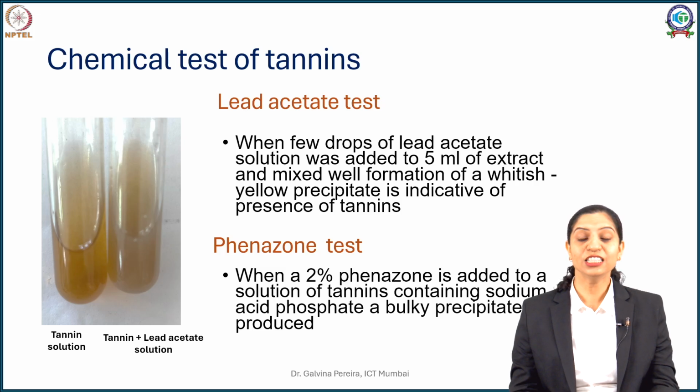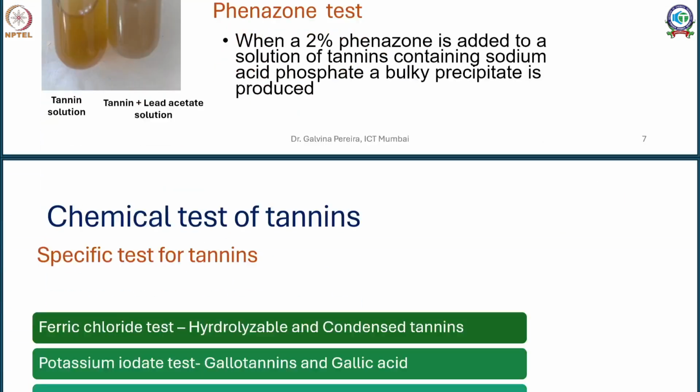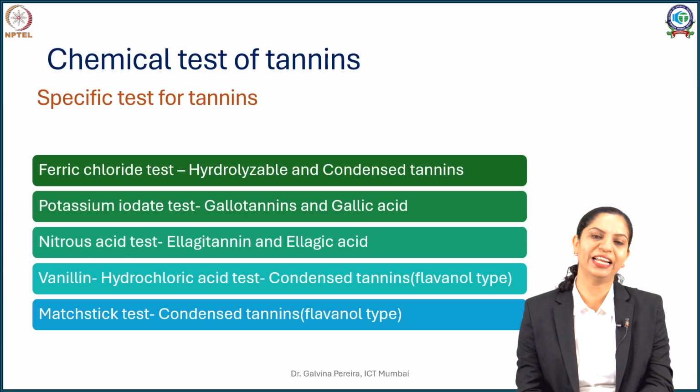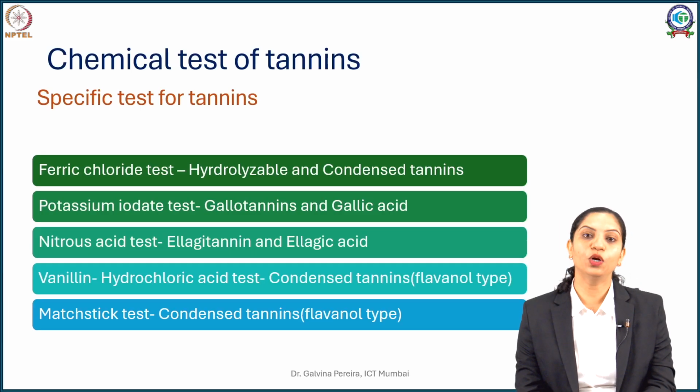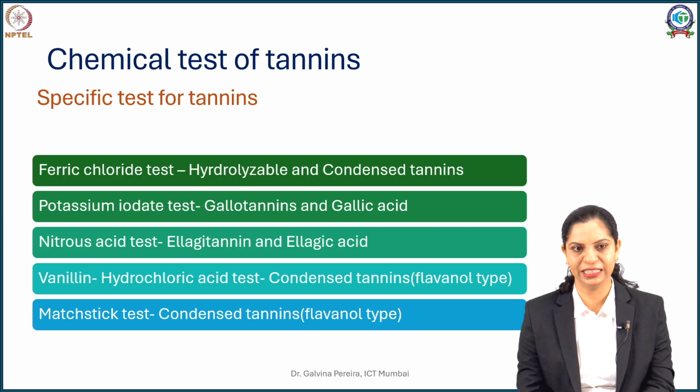Now with that, let's move on to some specific tests. Specific tests for tannins include the ferric chloride test, which helps us distinguish between hydrolyzable and condensed tannins by the color formation. The second is the potassium iodate test, which is more specific for gallotannins and gallic acid.